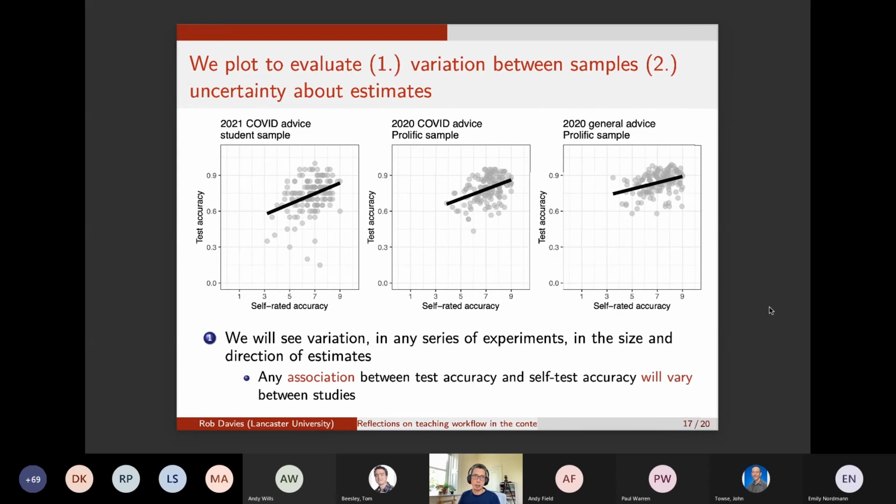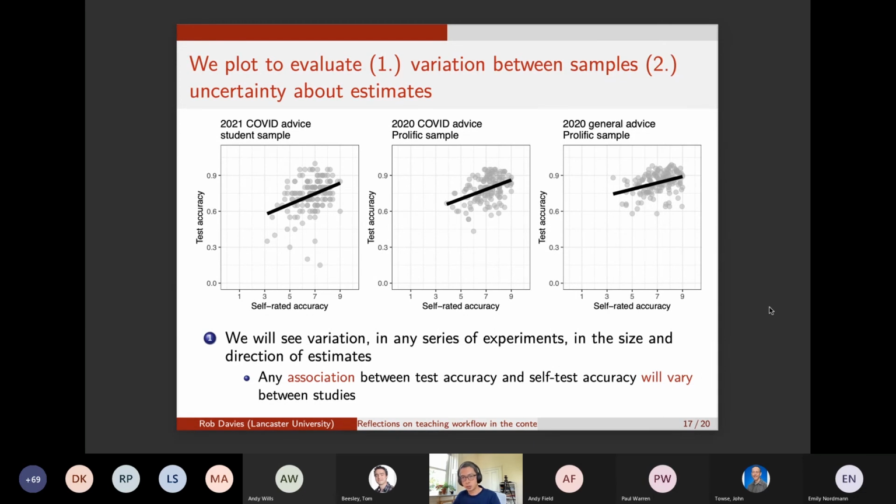We also use plotting very much to think about variation between samples, and uncertainty about estimates. We have the benefit of doing a study with the students, where we're collecting data with the students, where it's one study in a series of studies. As soon as you present studies in the context of a series with similar methods addressing similar questions, and allow students to compare data from different studies, you make transparent the way in which the size and the directions of estimates of effects or associations may vary between samples.